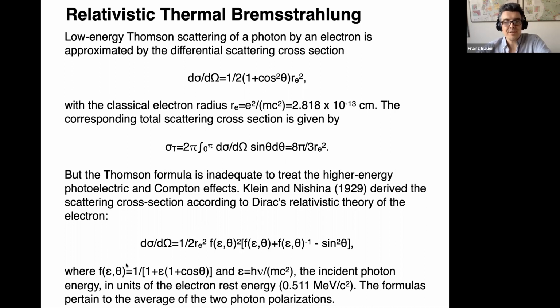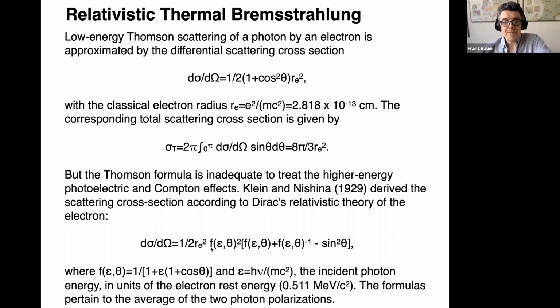So this factor here is our ratio of the photon energy to the rest energy of the electron. And so obviously, if this is very, very low, this is 0, and this thing is just 1. And so this thing is 1, this thing is 1, this thing is 1. And so you end up with 1 minus cosine squared, which you can convert back to getting the regular cross-section.